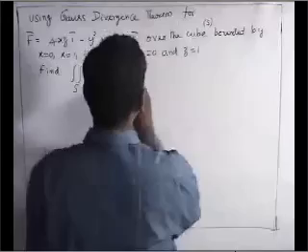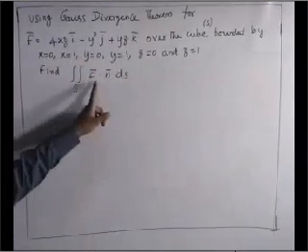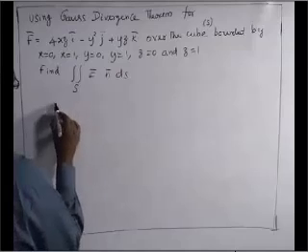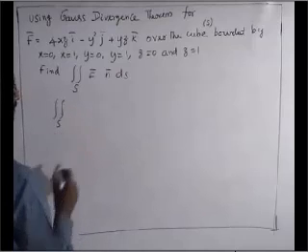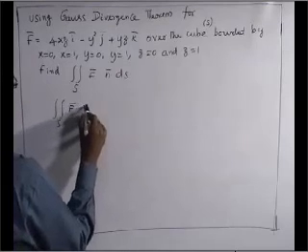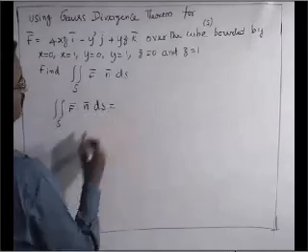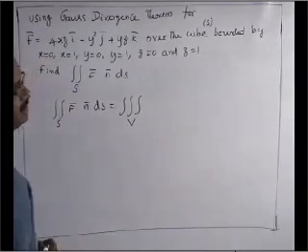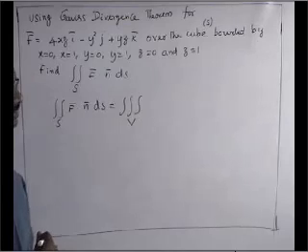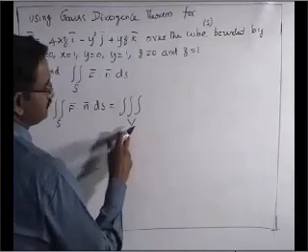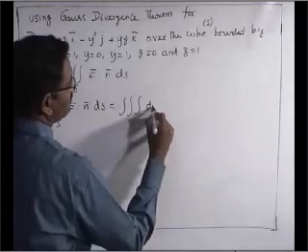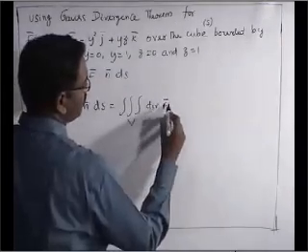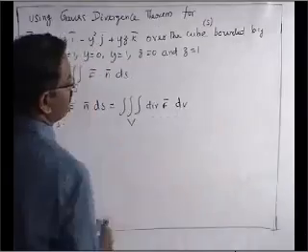So to solve this problem, we can use Gauss Divergence Theorem. As per the Gauss Divergence Theorem, to find out the double integral over S of F dot n dS, you can straight away use the closed shape, the volume, and find out the divergence of your vector point function, into dV.